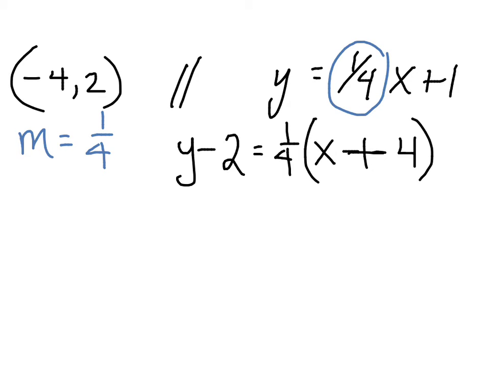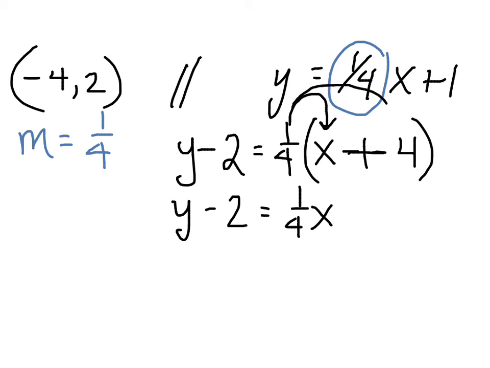Now, once I do that, I'm going to distribute. What's 1/4 times x? 1/4 x. Then the last one, what's 1/4 times 4? Positive 1. Good job.